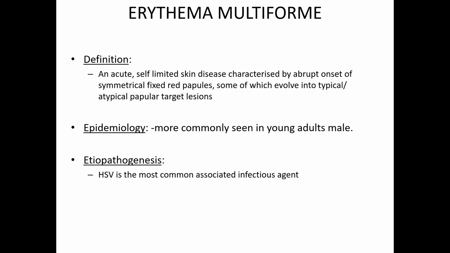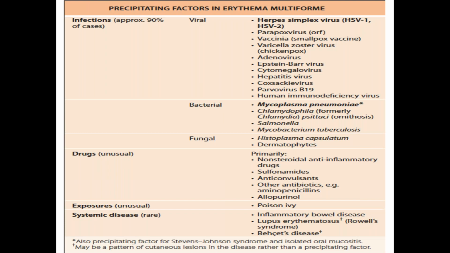Epidemiology is more commonly the same as Stevens-Johnson syndrome, and it is commonly seen in males. Etiopathogenesis: EM is most commonly associated with infectious agents. You can see a list of viral infections: herpes simplex 1 and 2, parapox virus, vaccinia, varicella zoster.